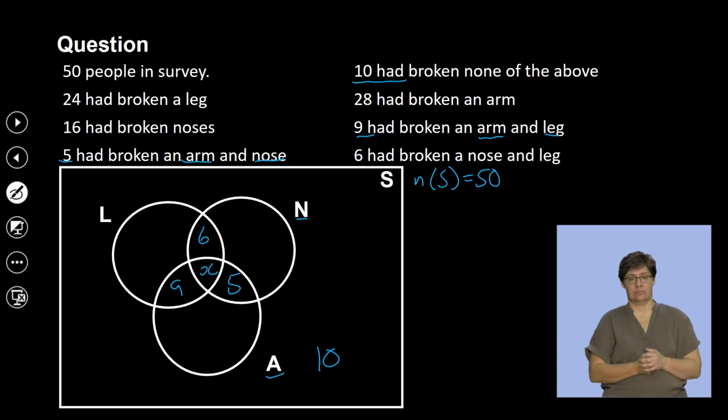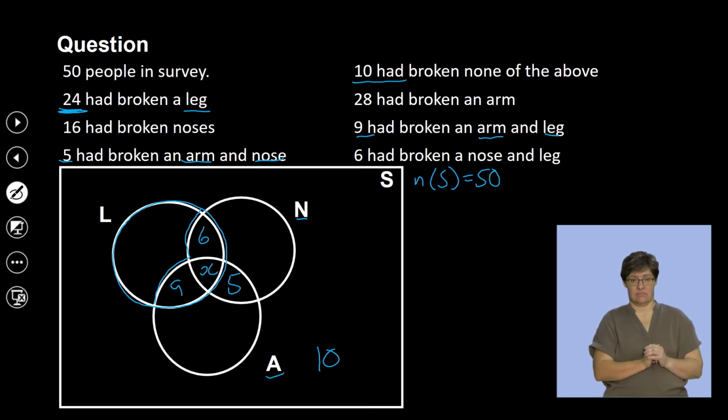The first thing that I recognize is that the total amount of people that have broken a leg. So remember, guys, this is the people that are in that whole set. That whole set comes to 24. So if I think about it, I would recognize that if they've only broken a leg, then they would sit into that space there.